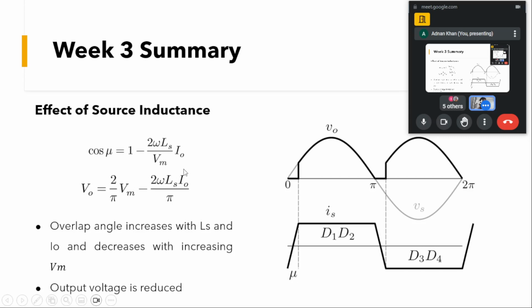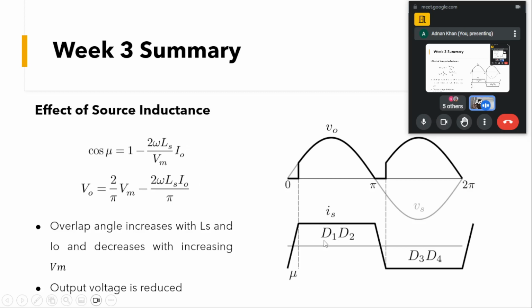From this equation you can see that as Ls increases, so source inductance increases, our commutation period will increase. Since the inductance is more, the slope will decrease, and it will take some more time to transfer this current from one set of devices to the other.